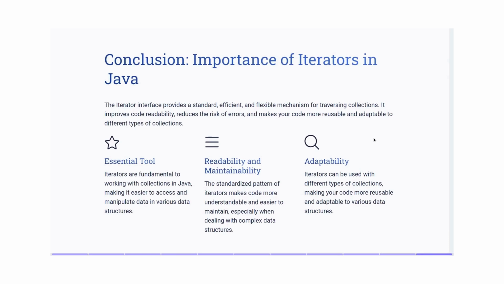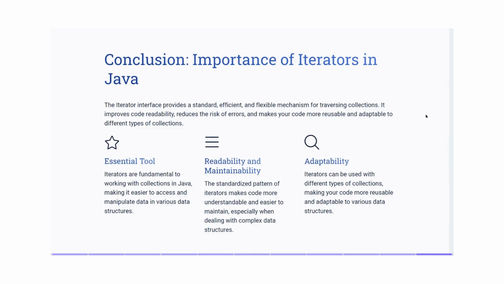Now, I want to discuss the key takeaways from this video. As we are talking about iterators, they are a fundamental tool to work with collections in Java, making it easier to access and manipulate data.